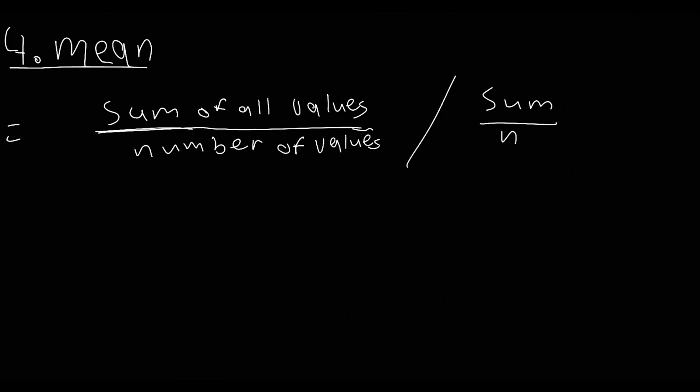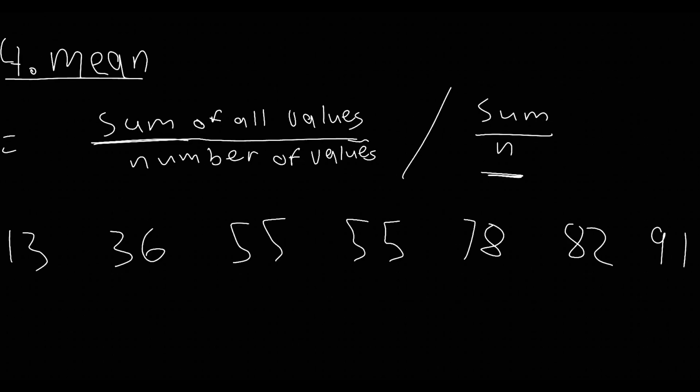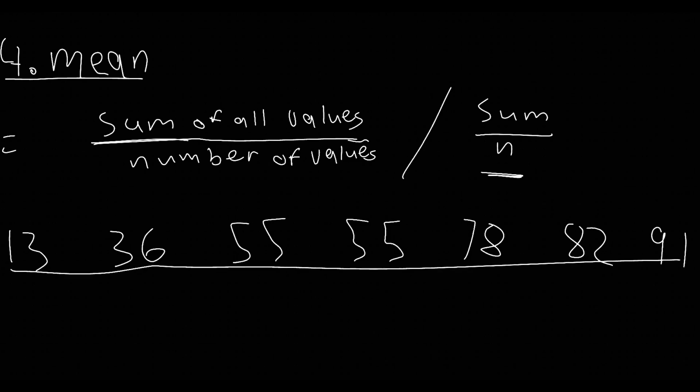My last type of average, which is the hardest one but still pretty easy, is the mean. The mean is the sum of all values over the number of values, or if you want to write it in a shortened way, you can write it as sum over n. Back to my dataset, the mean would be the sum of all these numbers divided by the number of values.